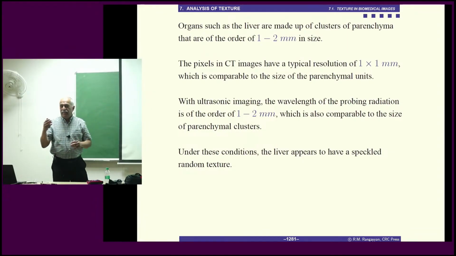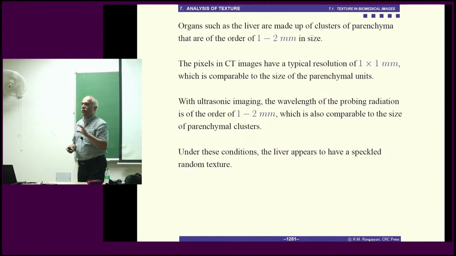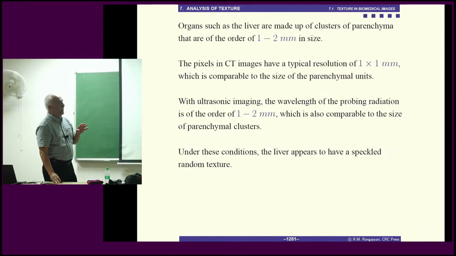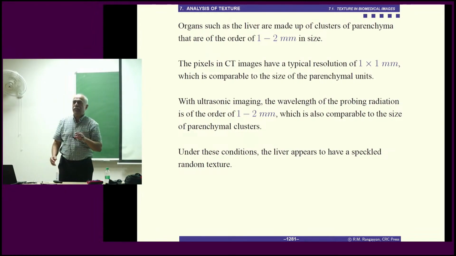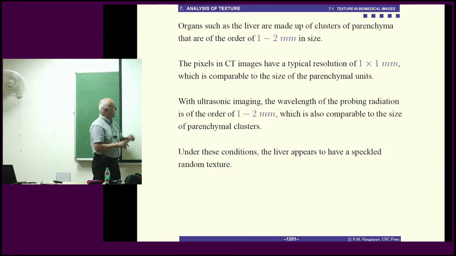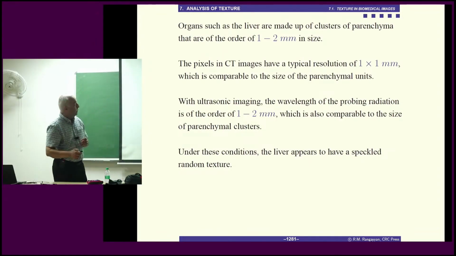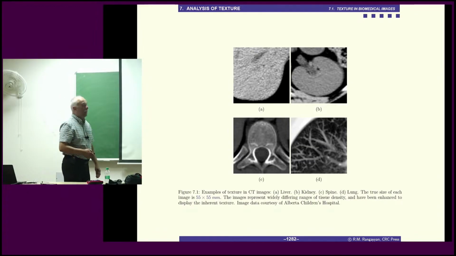But again, technology has changed; ultrasound is now in the 4-5 megahertz range. So when the wavelength of the probing radiation or the resolution of your imaging system is of the same order of magnitude as the tissue clusters present, there is speckled and random texture. So random texture is more common.